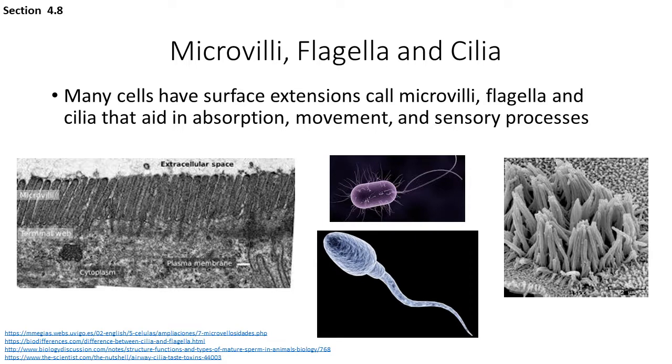They're an extension of the plasma membrane. Flagella that help in motility of cells, and cilia which help in some motility across a surface of a cell and in sensory processes.